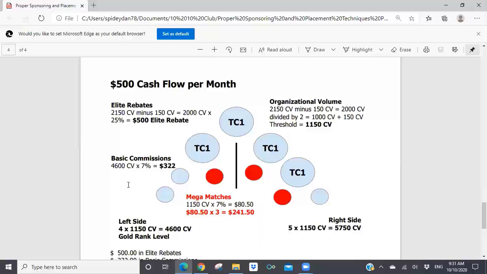And one of the things that we try and help people understand is to set your goal to get to the gold level, and then teach everyone that you personally sponsor and everyone that they personally sponsor to get to the gold level.